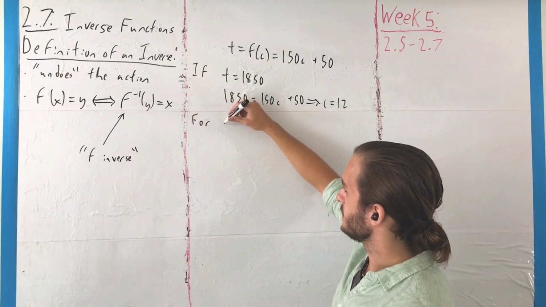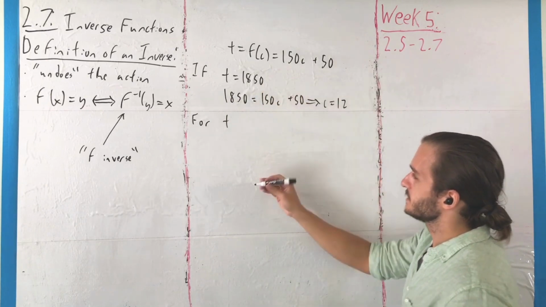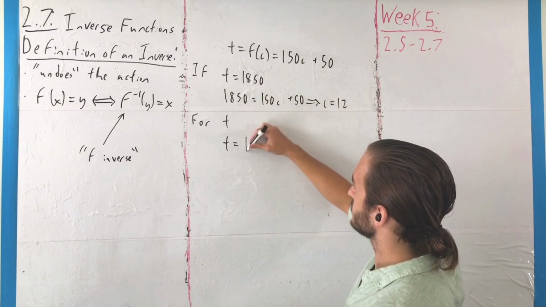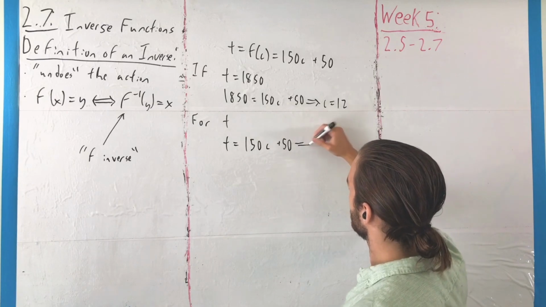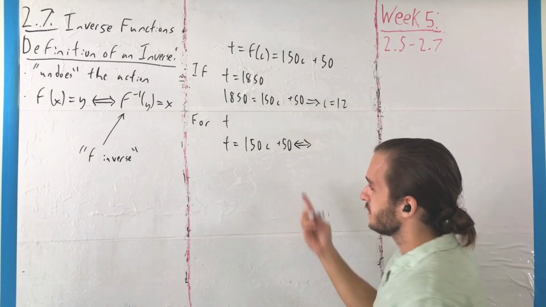For a function to get t, all you do is you take this, t equals 150c plus 50, and you solve it for c.